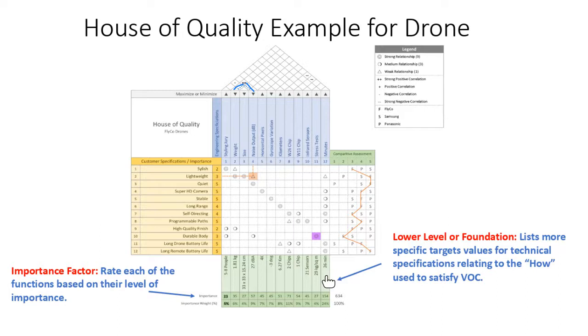And this is, again, set by the engineers, as well as those technical requirements and the interrelation between them. After they identify the units or the values needed for each of those technical requirements, they put them here, and the importance of each one can be calculated based on the same criteria that we have done before.